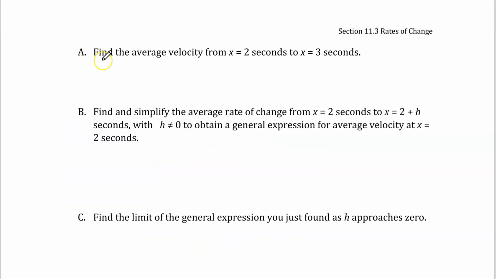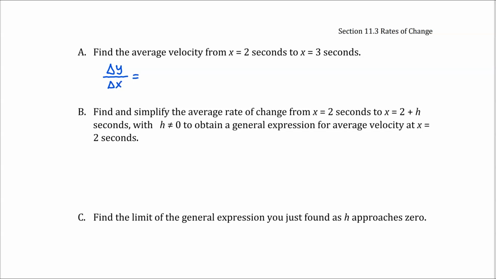Now we want to find the average velocity from x equals 2 seconds to x equals 3 seconds. This can be obtained by finding the change in the position, the change in y, over the change in x, the change in time.